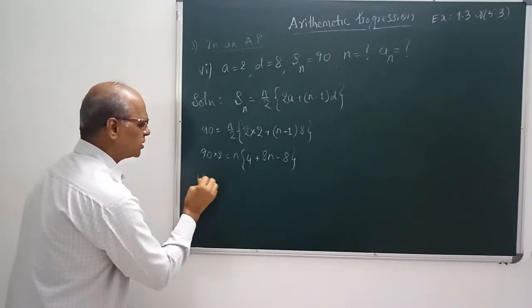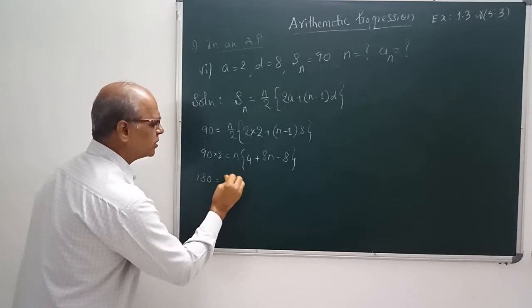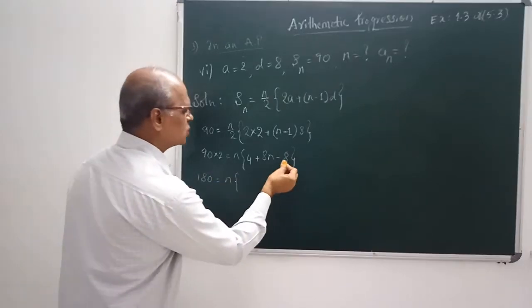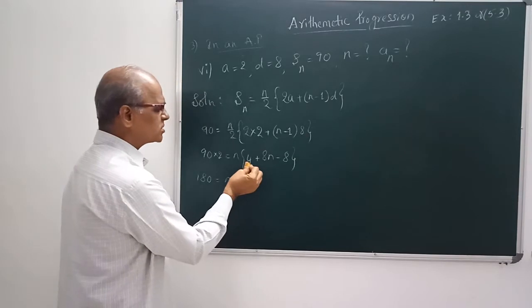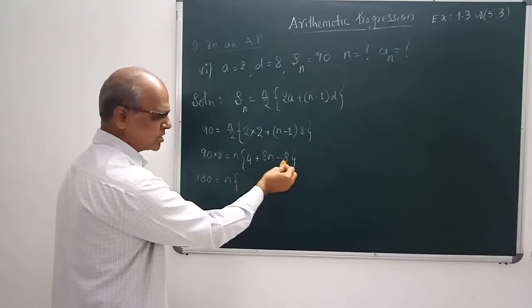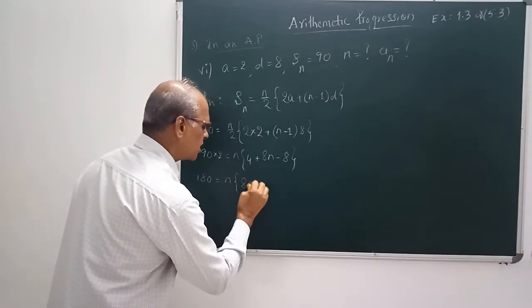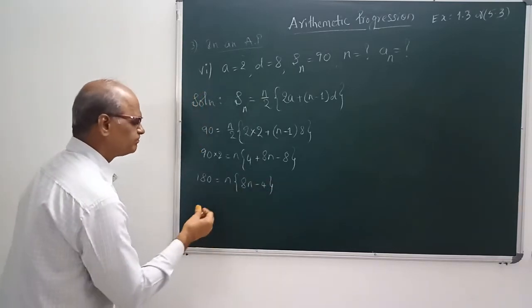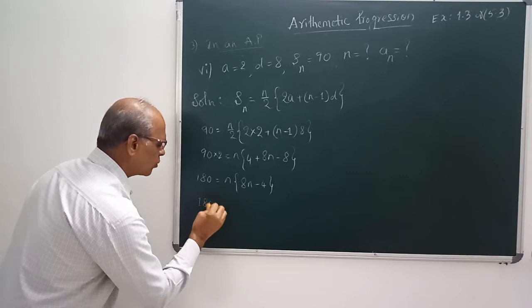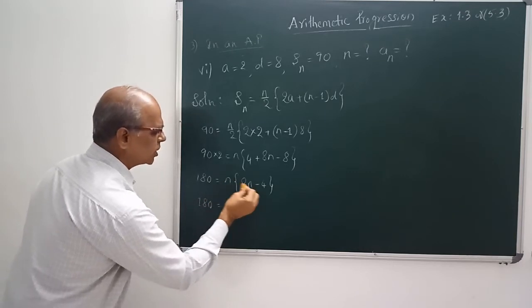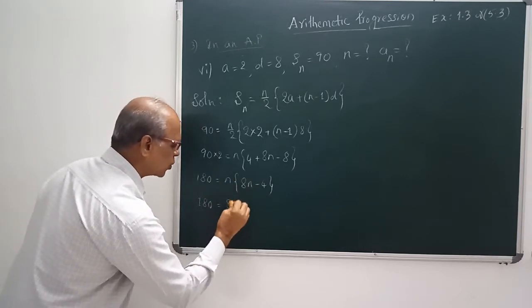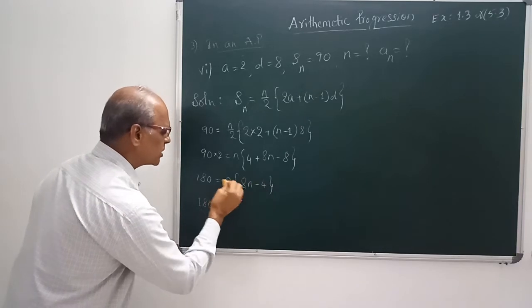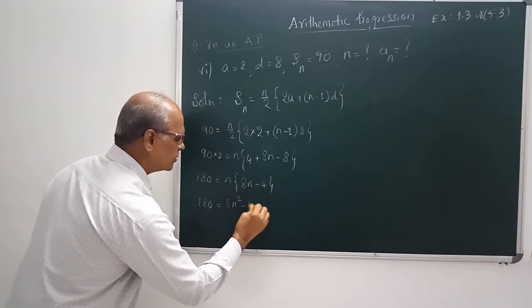This is 180 is equal to n into bracket, you see here minus 8 and plus 4. That means the greater number is having minus. I can write this as 8n minus 4. Right, multiply. 180 is equal to 8n into n is 8n square, minus into plus is minus 4n.